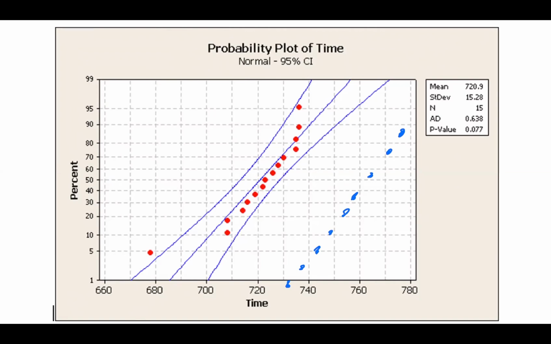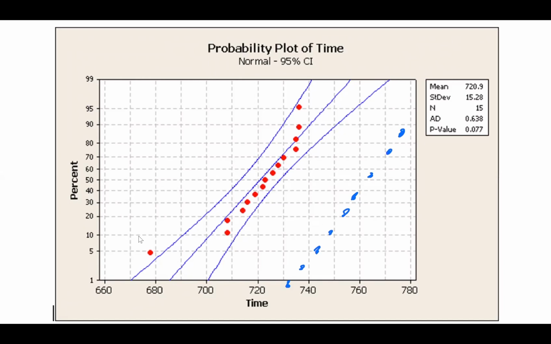If it doesn't look like a straight line, that's telling us that our data set is not normal. So if it looks like a straight line, it's normal; if it doesn't, then it's not normal.